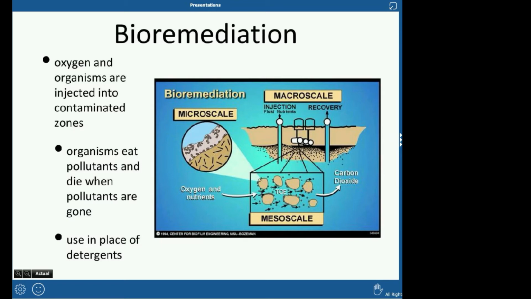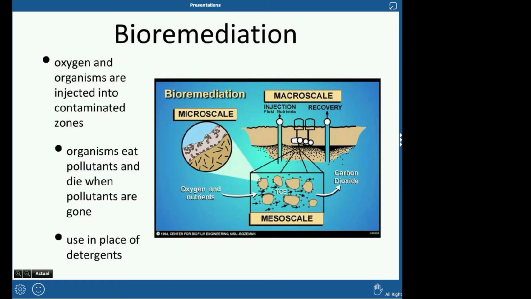There's something called bioremediation, which is super, super cool. I met a lady once. She was from somewhere in Africa, and she actually worked on bioremediation for her PhD, and I think she worked on sunflowers. She was planting sunflowers to clean up waste sites.